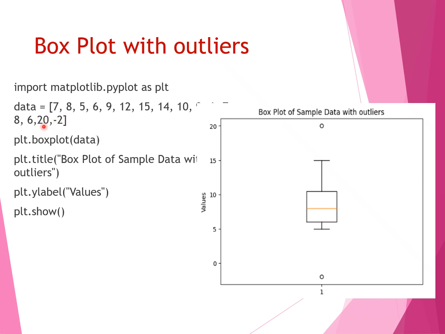When I add these two numbers to my dataset, this is the box plot of the sample data, and we can see one circle here which represents the value -2, and another circle here which represents the value 20. So outliers are represented by circles in the box plot.